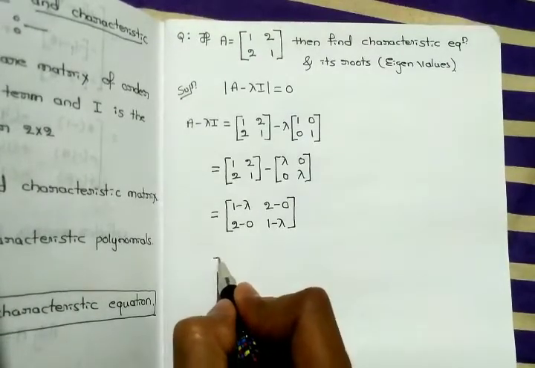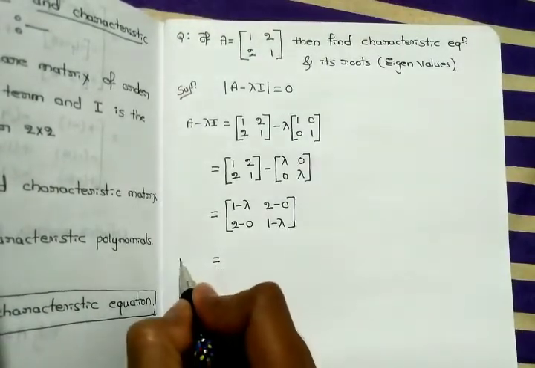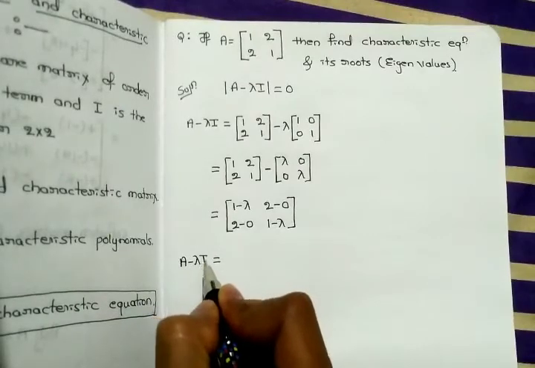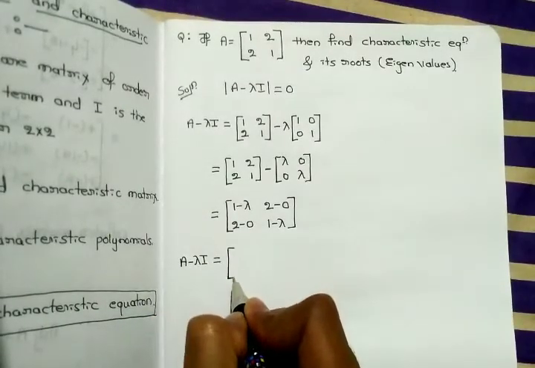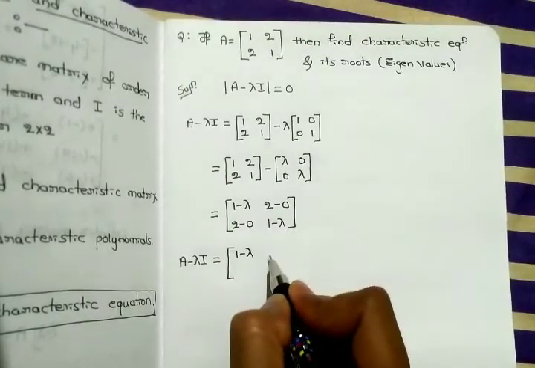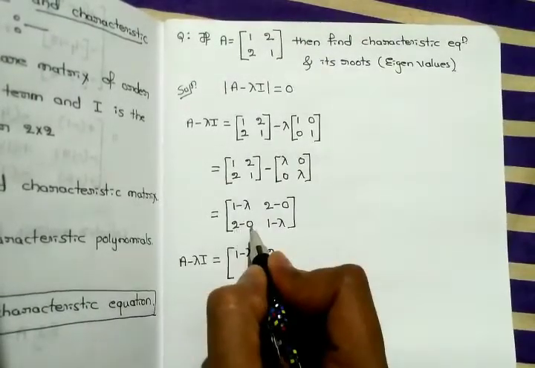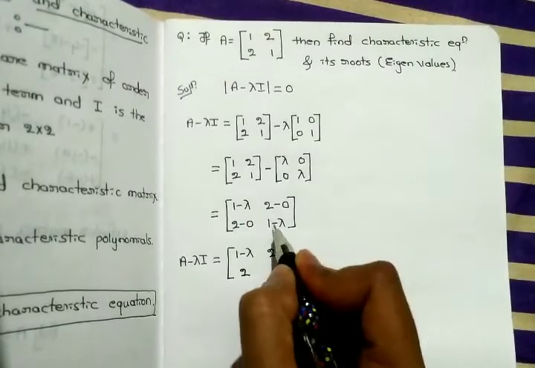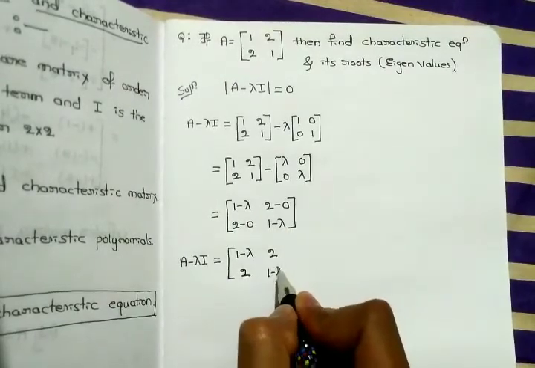Therefore, A minus lambda I is the matrix of 1 minus lambda, 2 minus 0 means 2, 2 minus 0 means 2, 1 minus lambda.